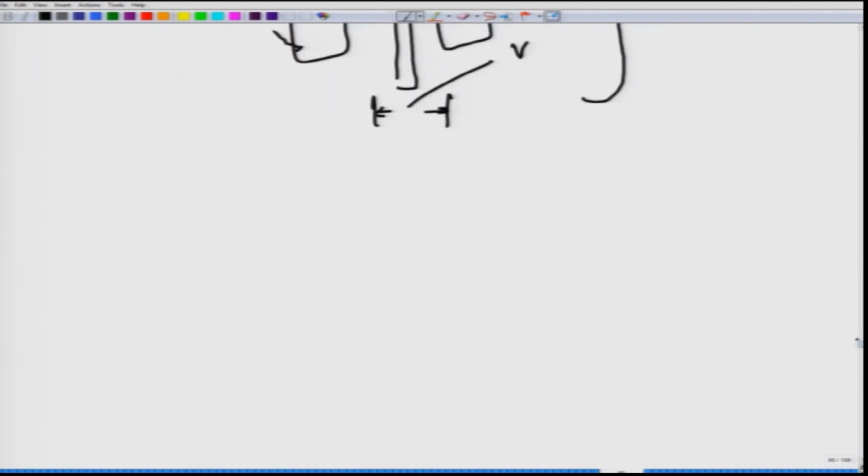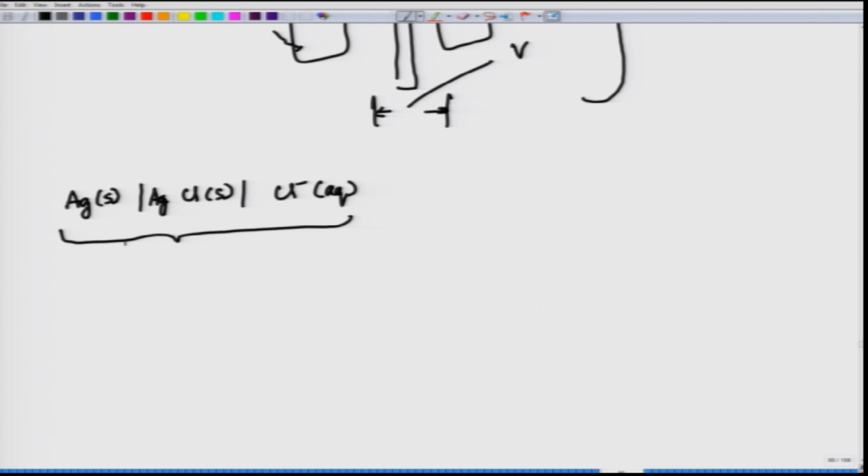Now, I will put the line diagram on it, and the line diagram of this cell can be written as follows. You are using AgCl as the reference electrode: Ag solid, slash AgCl solid, slash Cl minus aqueous. This is your outer reference electrode.